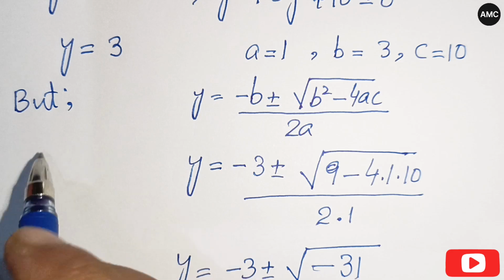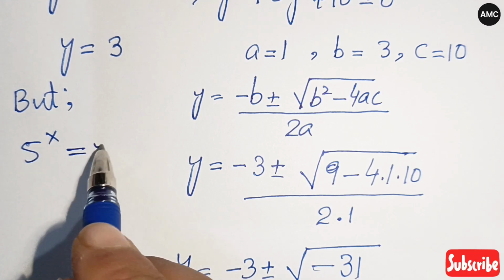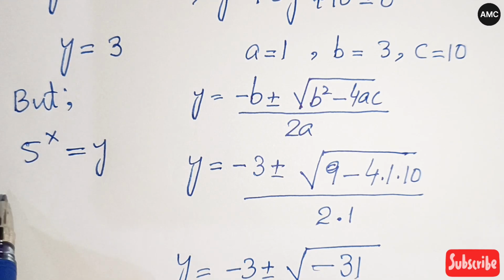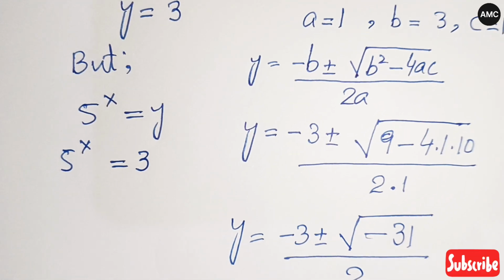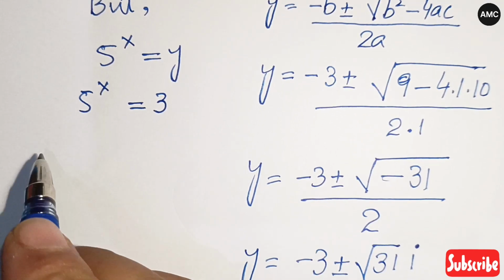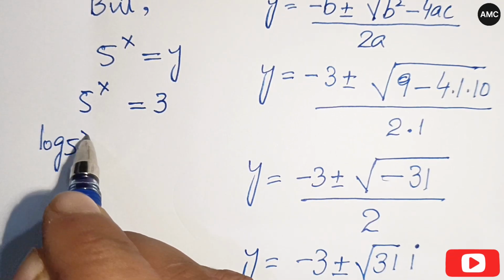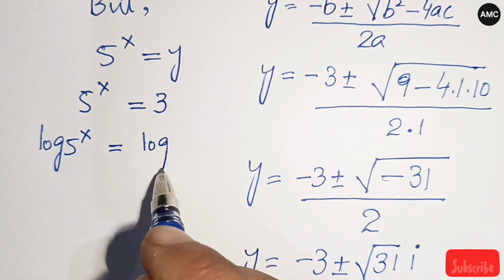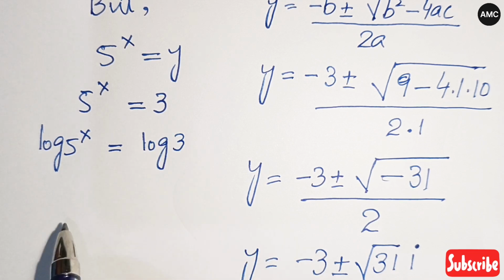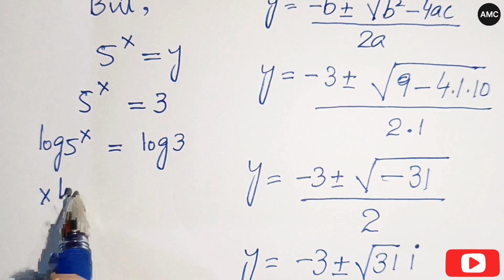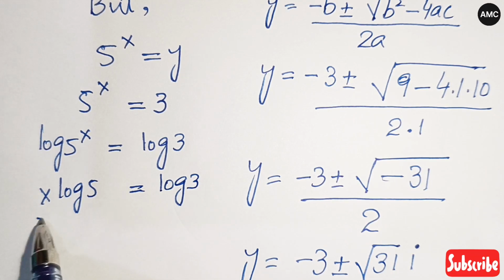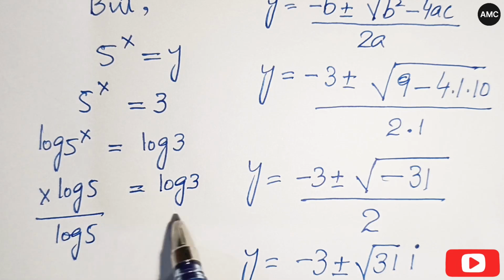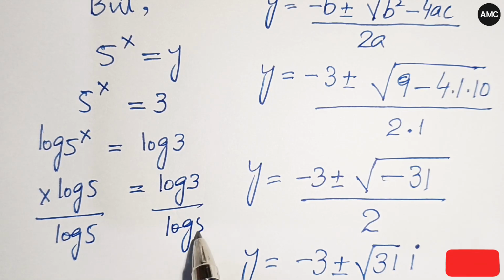So putting the value into 5 to the power x is equal to y, it will be 5 to the power x is equal to 3. Now if we take log on both sides, we get log 5 to the power x is equal to log 3. Using the logarithm power law, we get x log 5 is equal to log 3, and if we divide both sides by log 5, log 5 cancels out with log 5.